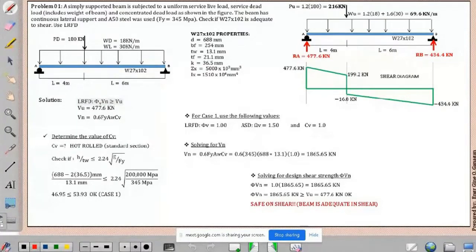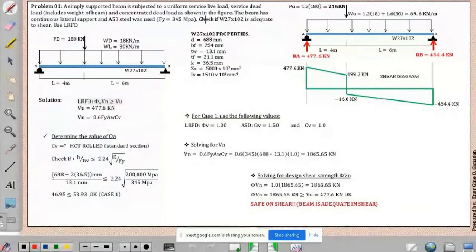This is also included in the module I gave you last meeting. So I hope you reviewed how to solve for the shear.